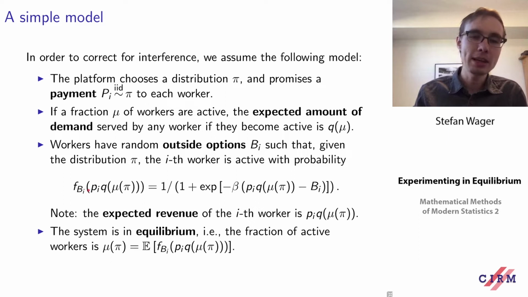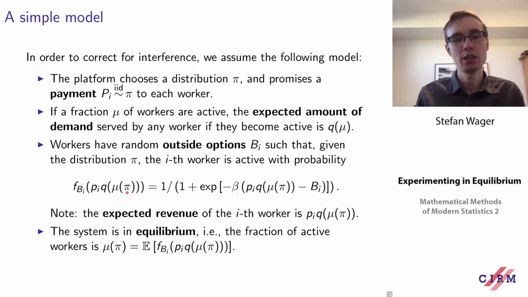This is some function that takes pi, how much you're paid per unit of demand, times q of mu of pi, that is how much demand you expect to be able to serve given the fraction of workers mu determined by the distribution pi, and you compare this to some outside option, and that's how you choose to become active or not.